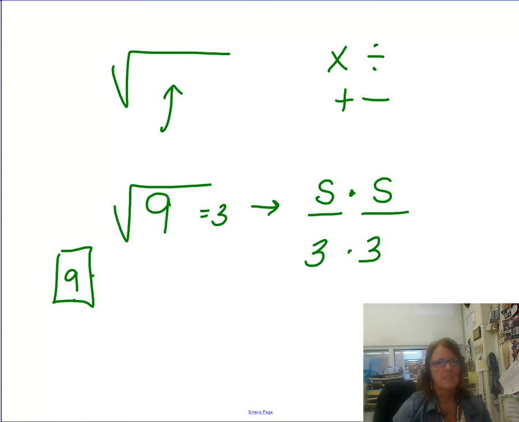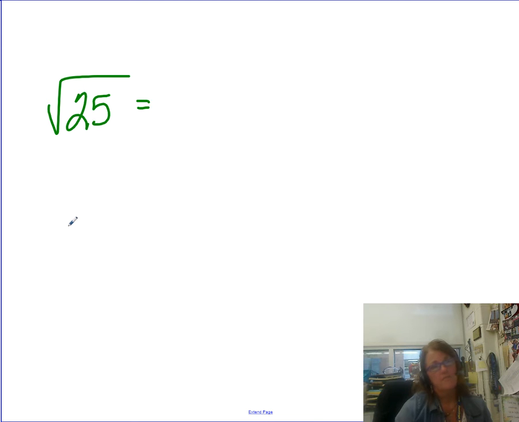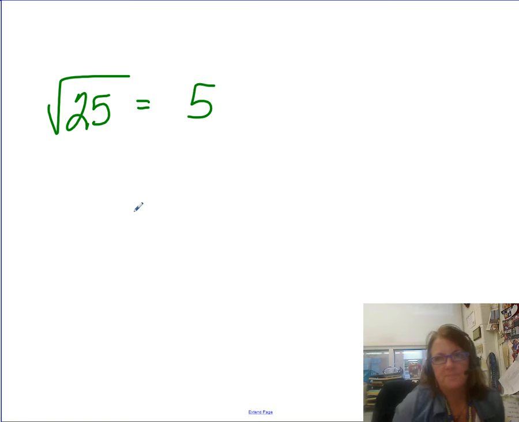Okay, let's take a look at something here. Because if I asked you now, what's the square root of 25? Think about that. What number times itself gives you 25? Oh, it's 5. You're absolutely right. Guess what? There's another one. There's another number that when you multiply it times itself, you get 25.